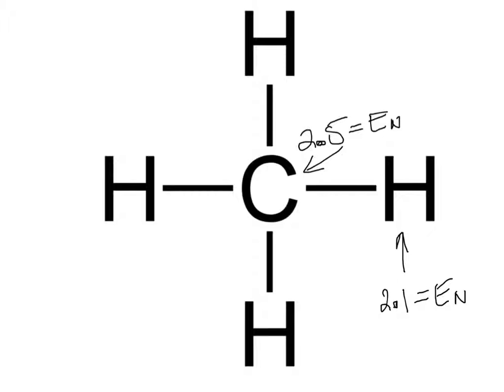So the difference between the two is 2.5 minus 2.1, which is 0.4 delta EN, and that's going to be a nonpolar bond for our criteria. And indeed, the bonds in methane are nonpolar.